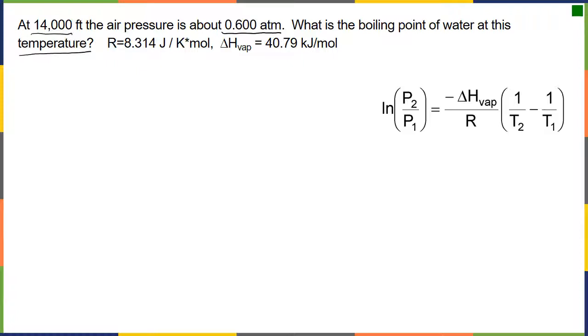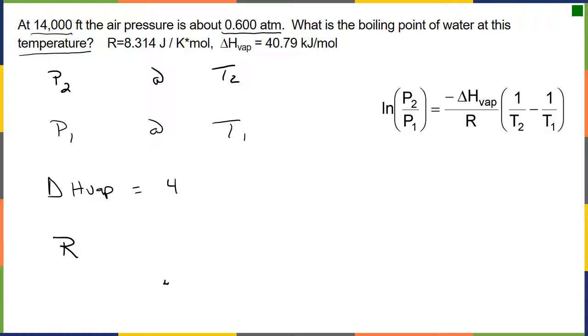Well, in order to do this, we have to have some variables. We have to have a P2 at some T2, which is some pressure at its corresponding temperature. We have to have a P1 at T1, a second set of pressure and temperature. We have to have delta H of vaporization, and we have to have our R. Well, delta H of vaporization is equal to 40.79 kilojoules per mole.